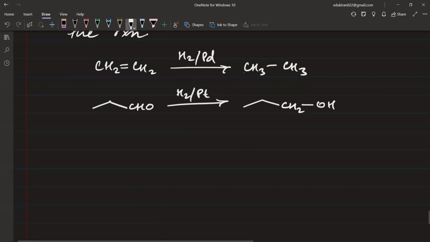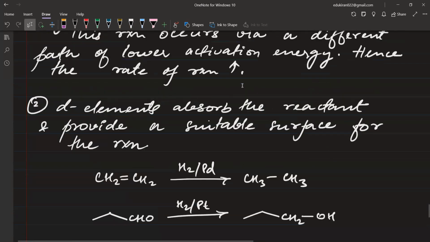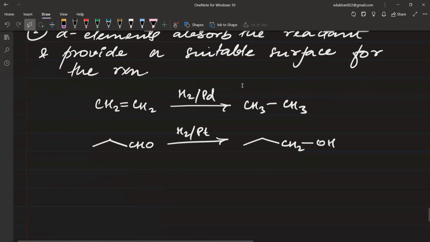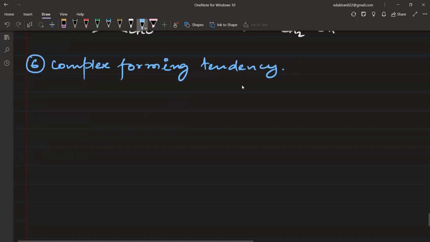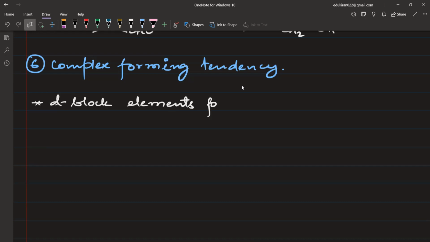Right, next, complex forming tendency. This was the fifth, sixth point. Now, again, there are two reasons due to which d block elements have a tendency to form complex compounds.